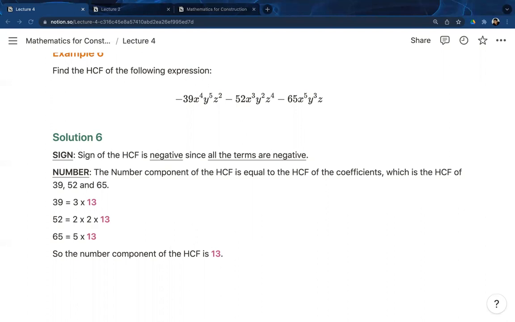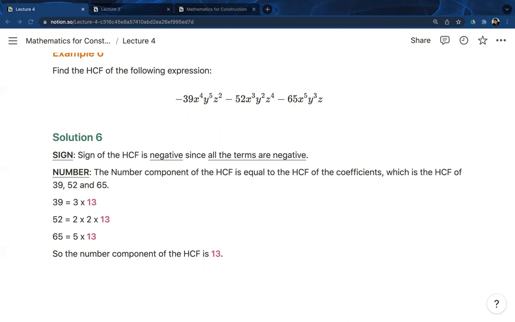What about the letters now? It's the same thing as before. X, so X is common. Lowest power of X is, let me see, 4, 3, 5, so x cubed. Y looks like it's common. Z looks like it's common. So the lowest power of Y is what? 2. And the lowest power of Z is 1.